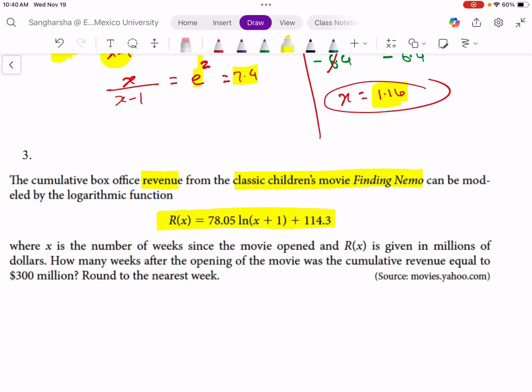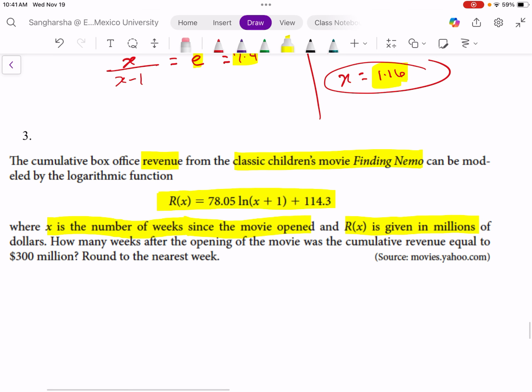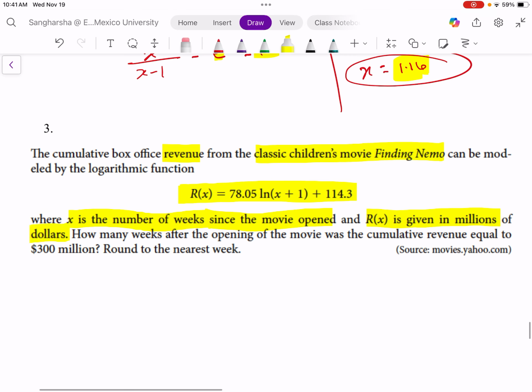Here x represents the number of weeks since the movie opened. R of x is given in millions of dollars, so R of x is the revenue.